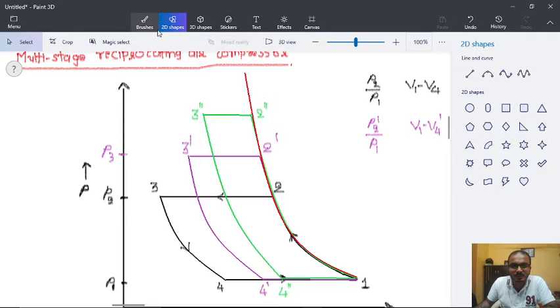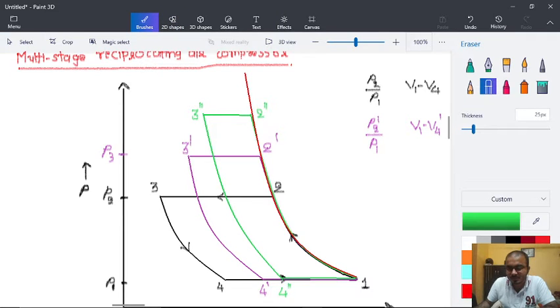In such cases, let us call this point 2 triple prime. The expansion process will also return through the same path, so the swept volume will be 0 in this extreme case.